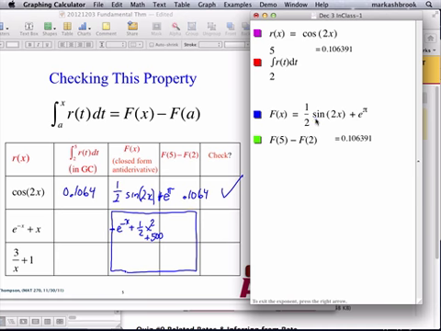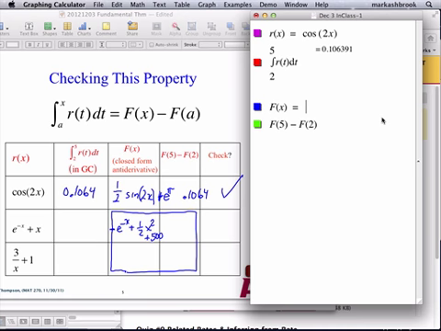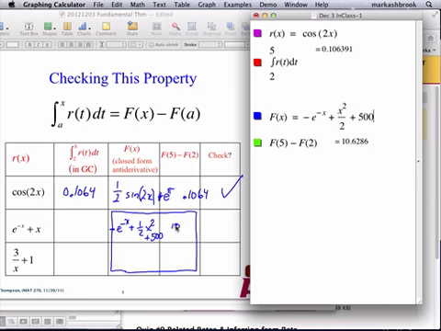Okay. So, what happens when you put that in? So we have minus e to the minus x plus x squared divided by 2 plus 500. I got 10.6286. Anybody else? Do we trust that?